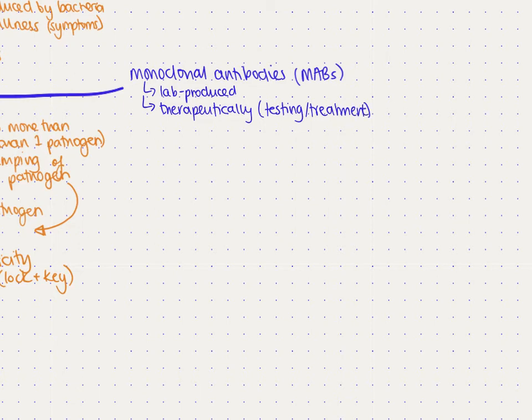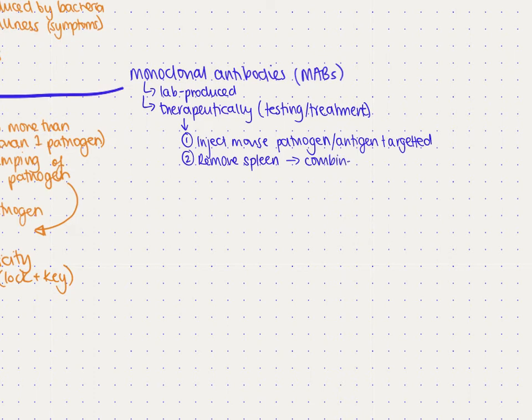And we make them in the following way. So we're going to inject our mouse with the pathogen or the antigen that we want to fight. Okay, the thing that we're targeting. Once we've done that, we are going to remove the spleen or remove some of the spleen cells, and we're going to combine that with a cancer cell, and that's going to produce the hybridoma.